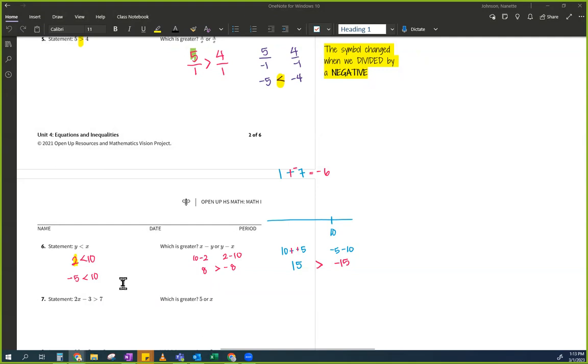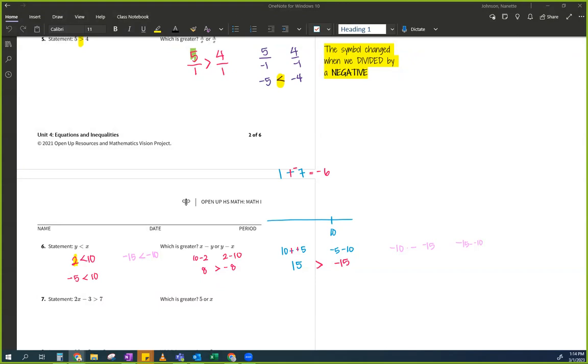So I'm going to try the numbers, I don't know, negative 15 is less than negative 10. So I'm going to go with negative 10 minus negative 15 and negative 15 minus negative 10.